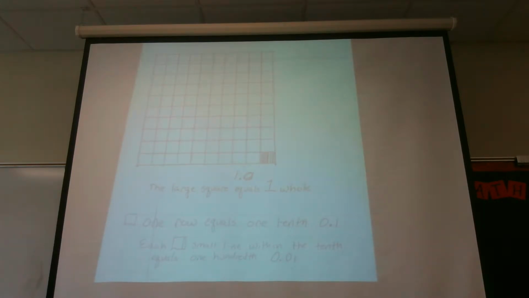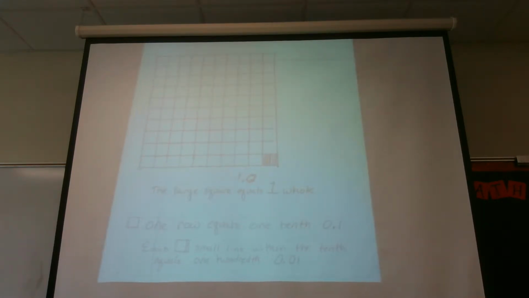Everything that goes behind your decimal point is going to be less than 1. So it says 1 row equals 1/10. This whole row is 1/10, which I have written here as 0 and 1/10.